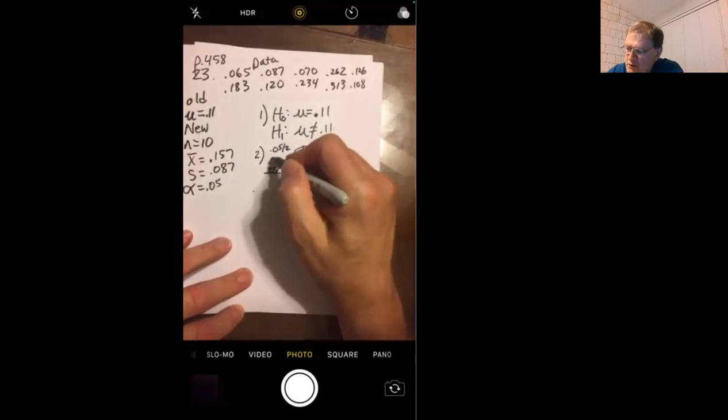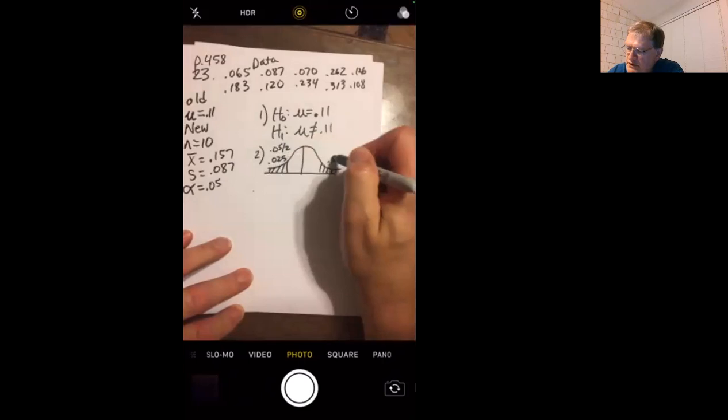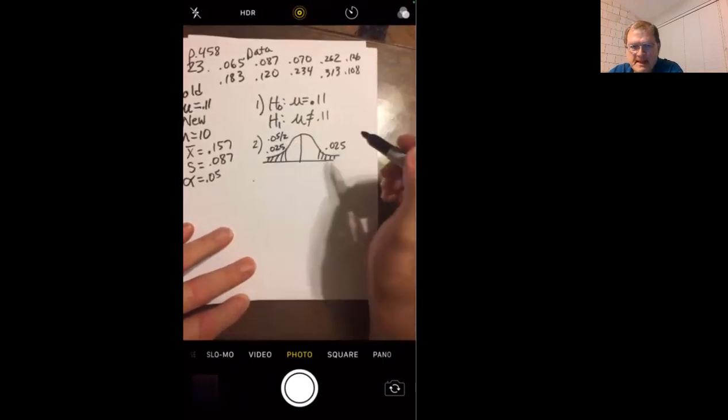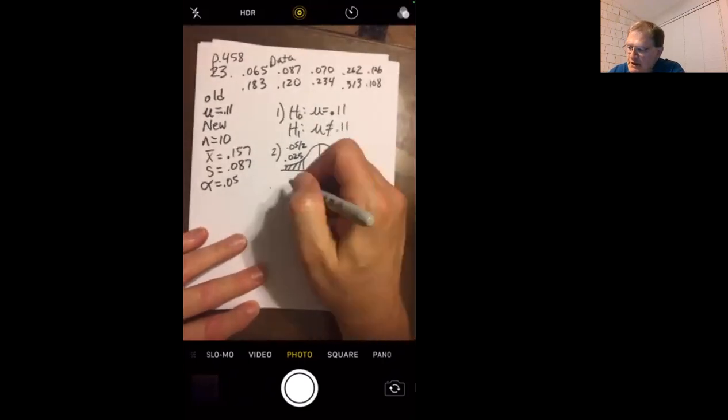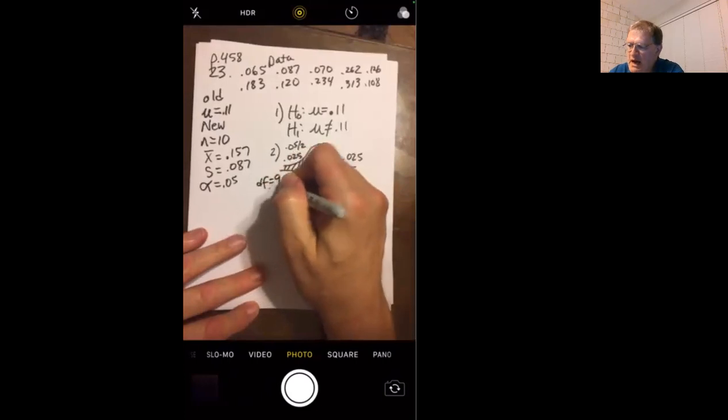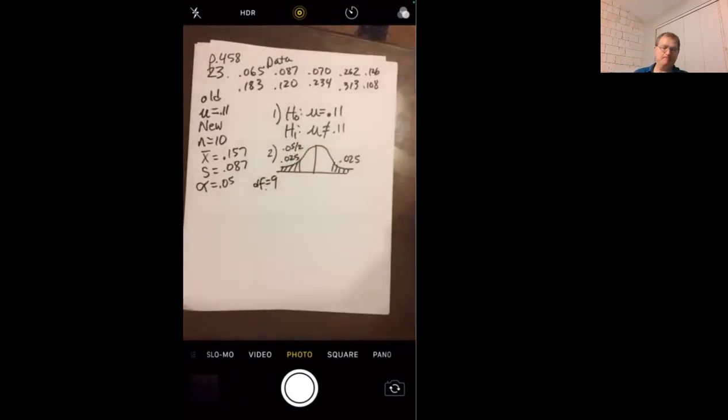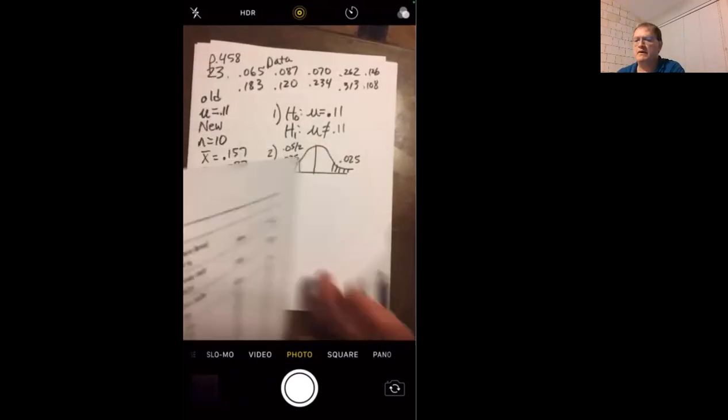0.05 divided by 2 is 0.025, with 9 degrees of freedom.